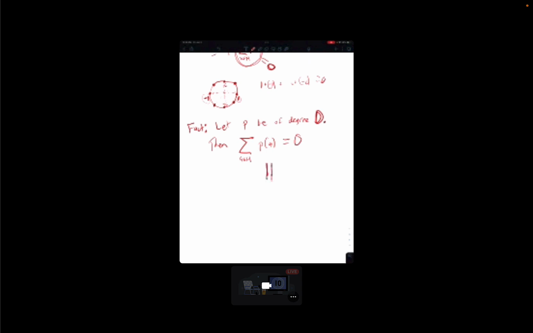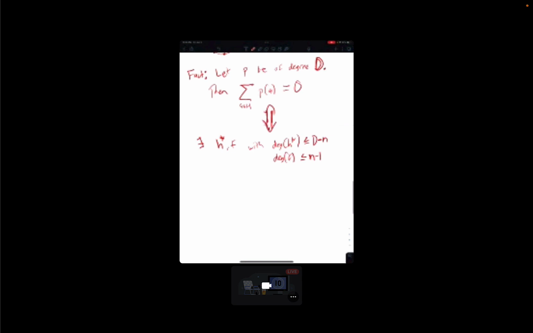That holds if and only if there exist two polynomials, which the book calls H star and F. I don't think it really matters, but let me tell you the degrees. The degree of H star is at most D minus N, and the degree of F is at most, well, the book says less than N minus 1, but I think it's probably less than or equal to N minus 1, so I think there's a typo there.